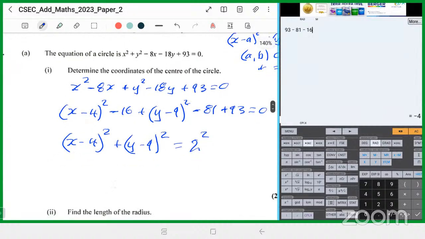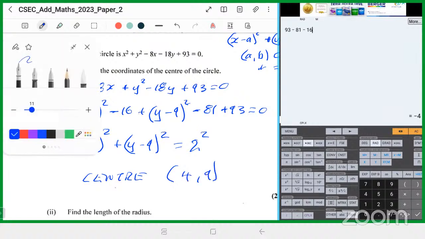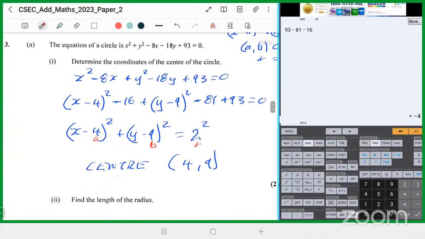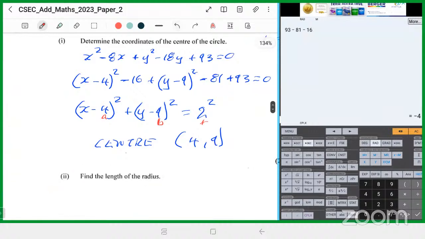And therefore, the center is the point (4, 9), because this is my a, this is my b, and this is my r. The question asks for the radius, it is this r.